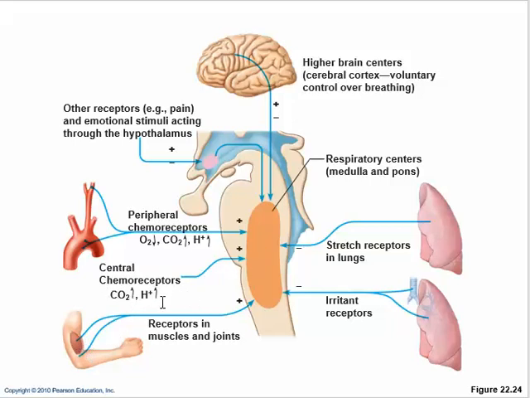Chemoreceptors, looking at pH and carbon dioxide levels, will make you breathe more to get rid of it. That's the strongest one. The peripheral receptors are looking at doing the exact same thing. Pain and other stimuli will affect the centers, which are thinking about it. Stretch receptors inhibit, irritant receptors inhibit.